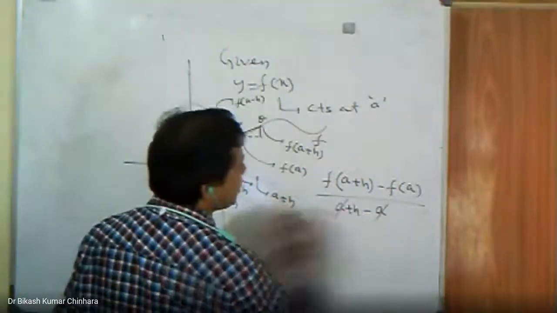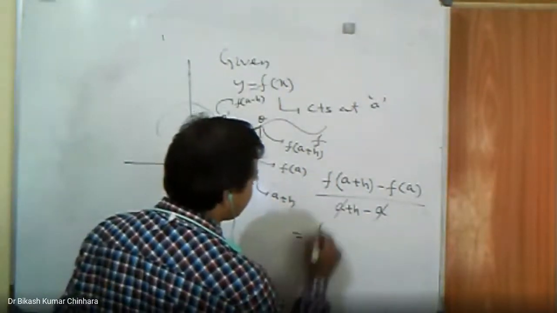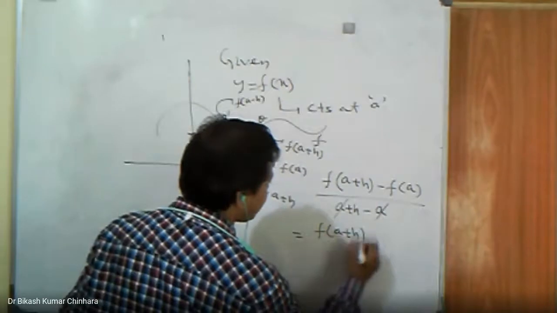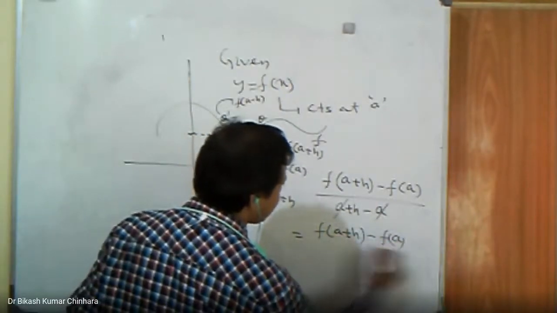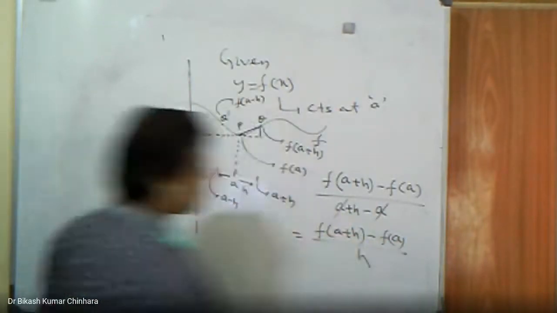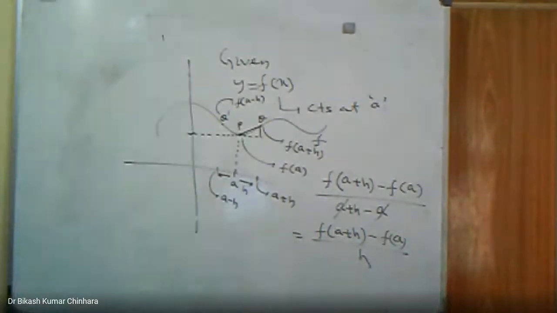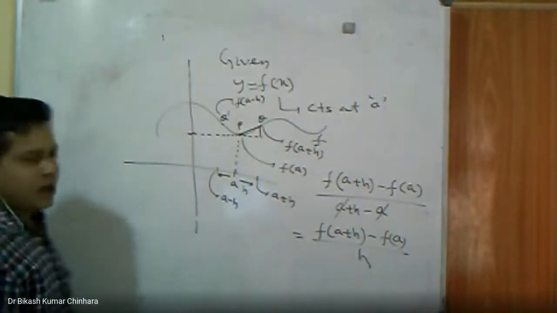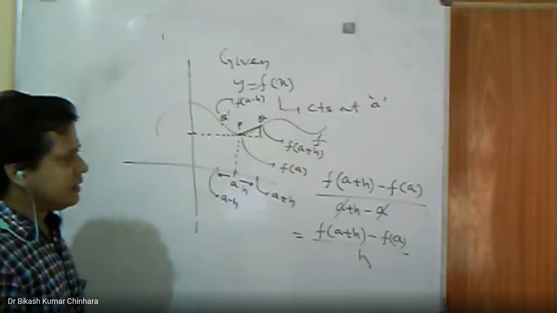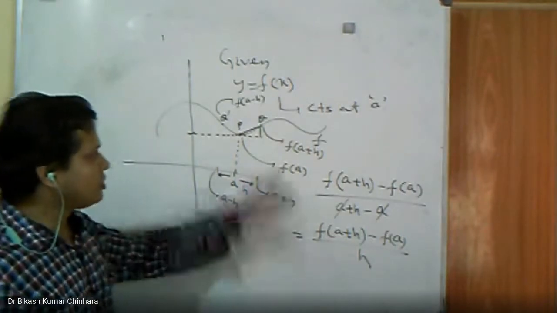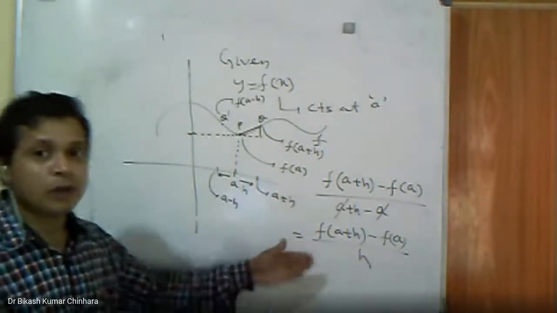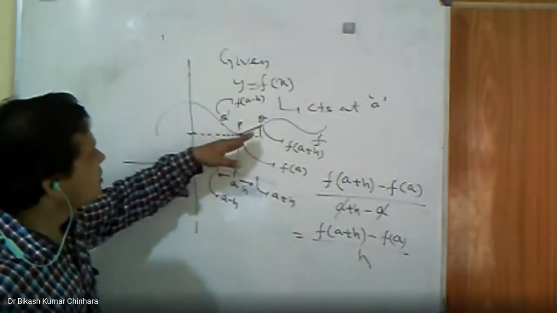This is h. So this is equal to f of A plus h minus f of A divided by h. And this is the slope. This is the concept of slope, you know. Slope of the line, this line.